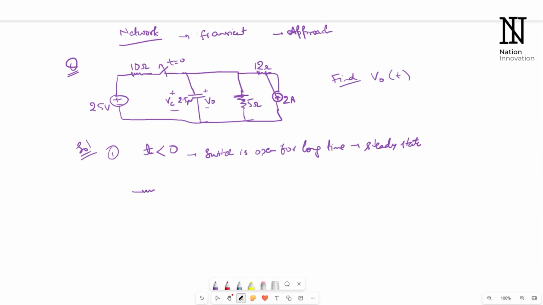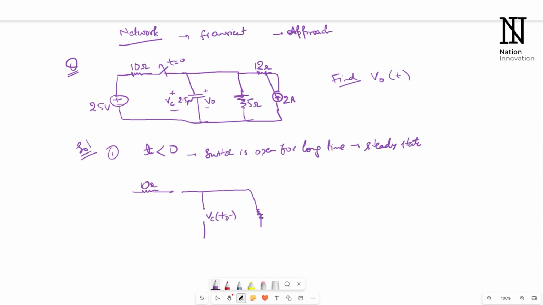So we have this 10 ohm resistance. Then this circuit is open for t less than 0, so it will be open circuited. And for t less than 0, the capacitor is also open circuited. We have Vc at 0 minus.